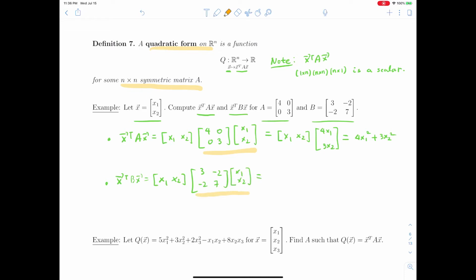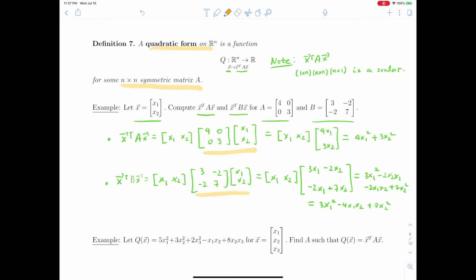Calculating the matrix vector product gives you x1 and x2 times 3x1 minus 2x2, and -2x1 plus 7x2, and this equals 3x1 squared minus 2x2x1 minus 2x1x2 plus 7x2 squared, and this equals 3x1 squared minus 4x1x2 plus 7x2 squared.